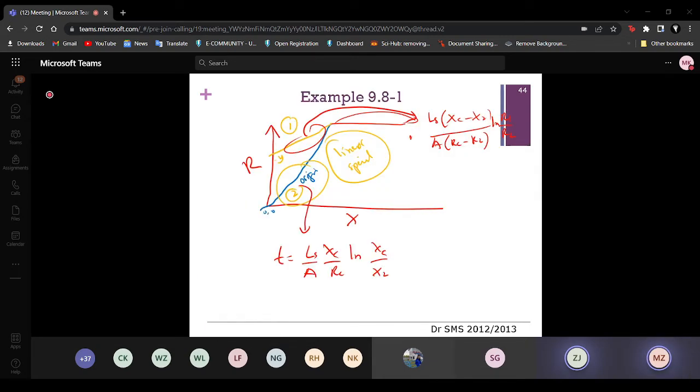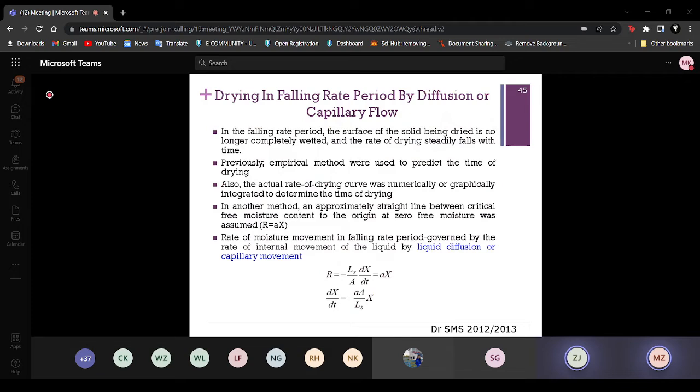And in the falling rate also, I hope you still remember that last week I mentioned there are two mechanisms involved: diffusion and capillary flow, depending on the type of material that you want to dry. If it is a paste-like material, it is going to be the diffusion mechanism. If it is porous, it is going to be capillary flow. For both mechanisms, they have their own equation.